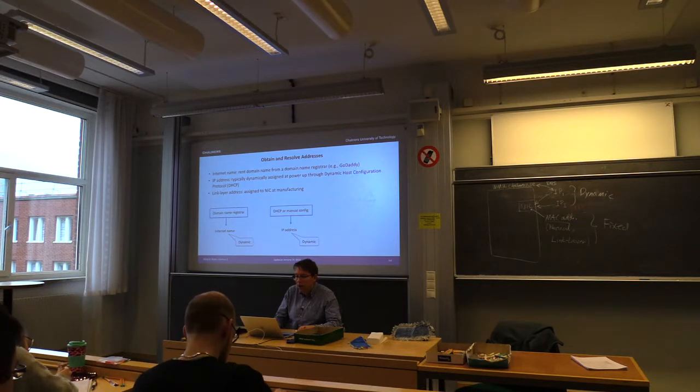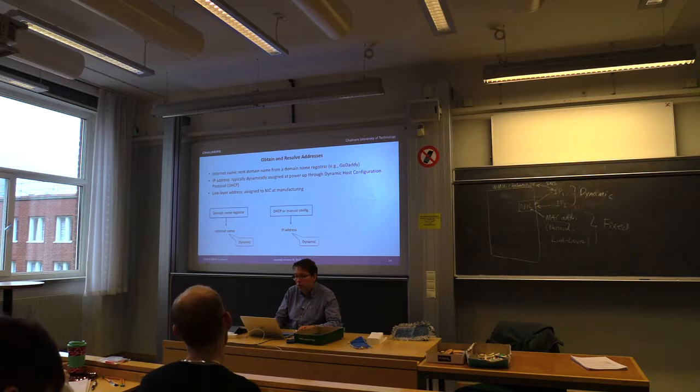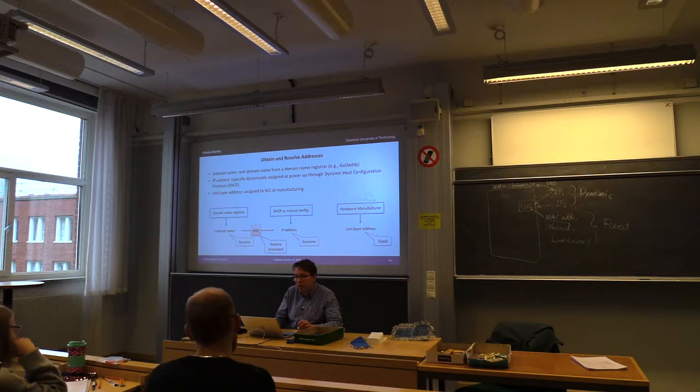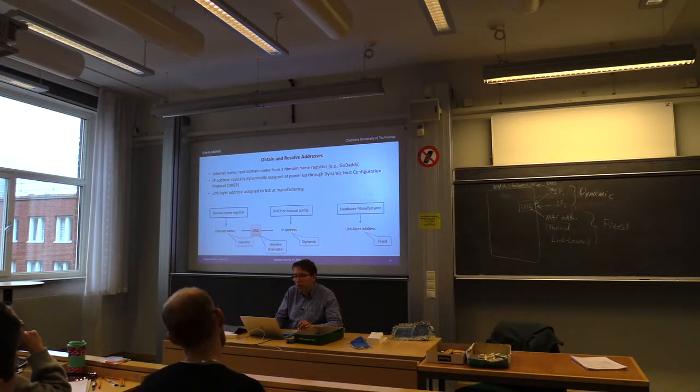Then we have IP addresses, which are manually configured or use DHCP. And then you have the link layer addresses, which you get at manufacturing. If you want to translate the internet name to IP, you use DNS. If you want to translate an IP address to a link layer address, you use ARP.